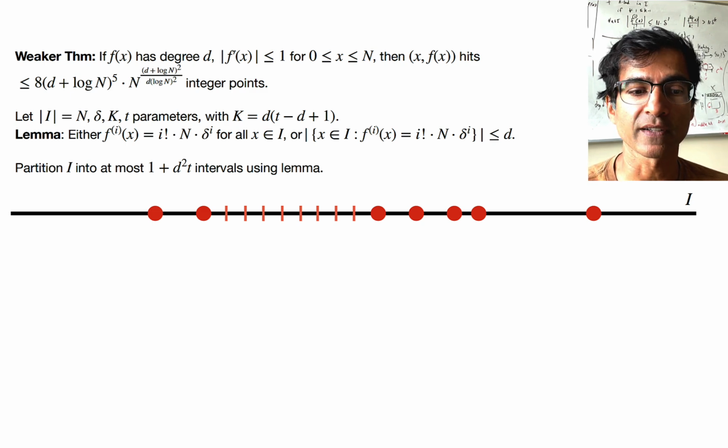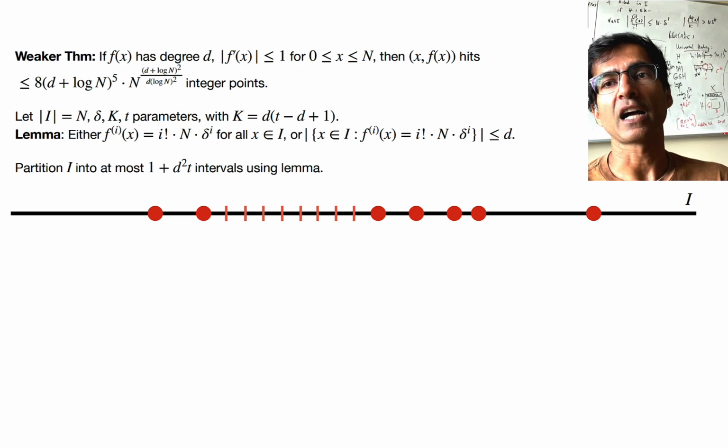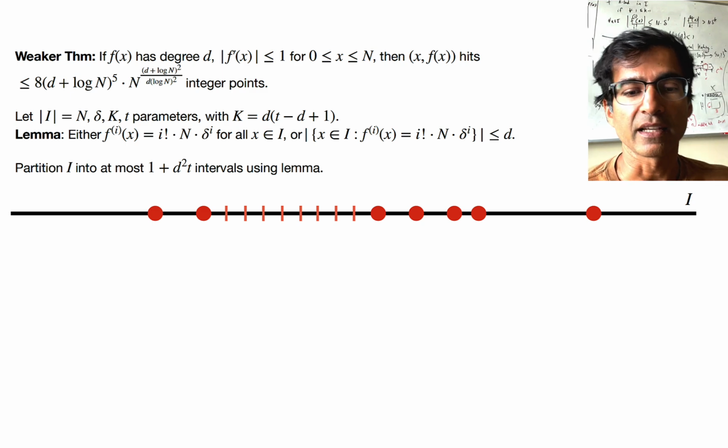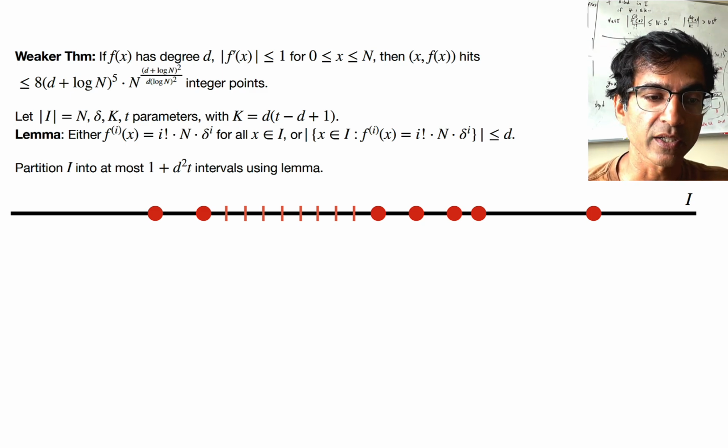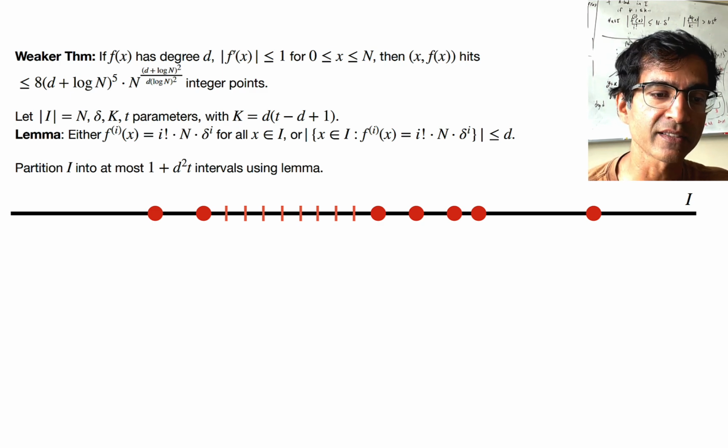Okay, those are a bunch of exceptional points. Those are the points marked in red in this picture. So we have this interval I, and there's some exceptional points, the points where the derivative is exactly equal to the threshold, but the number of those points is small. In fact, the number of such points is at most d squared times t.